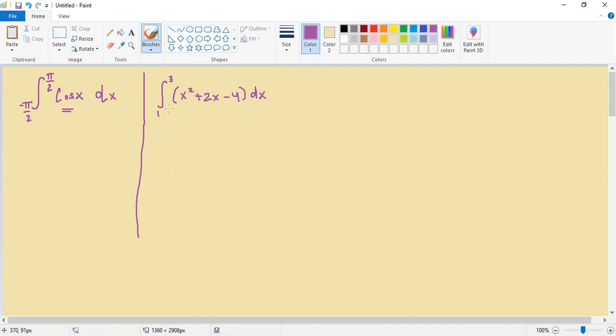So for the first question, it's important for us to make a distinction between what it really means to find a definite integral versus an indefinite integral. In an indefinite integral, the interval of a particular function is undefined, in the sense that it is not explicitly stated. So here, if we had a particular function and we were told to find the area under the curve, we're not bounded by an interval, as opposed to being bounded by an interval, where we would have something of the form that resembles this.